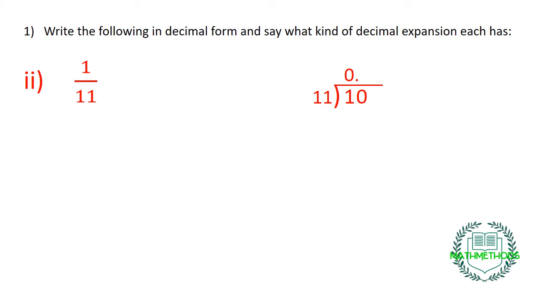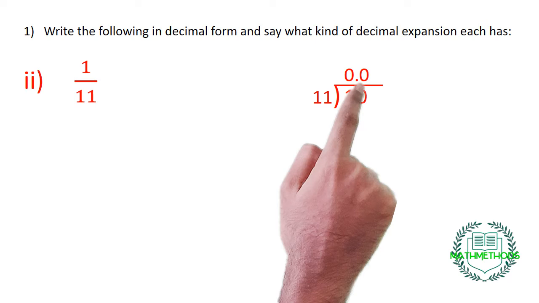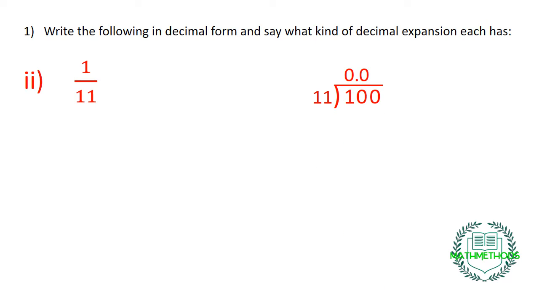Now the dividend becomes 10, but still it is smaller than the divisor 11. So add one more 0 to the dividend. To add an extra 0 in the dividend, first we need to add a 0 in the quotient. So here we add a 0 in the quotient and an extra 0 in the dividend. Now we can divide 100 by 11.